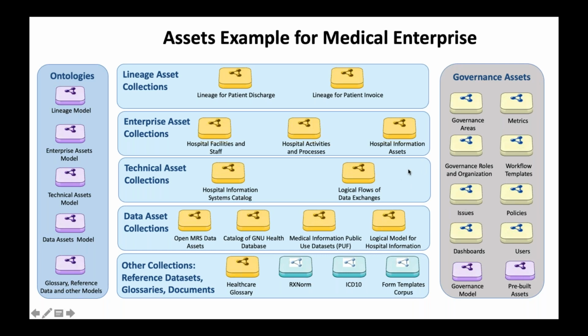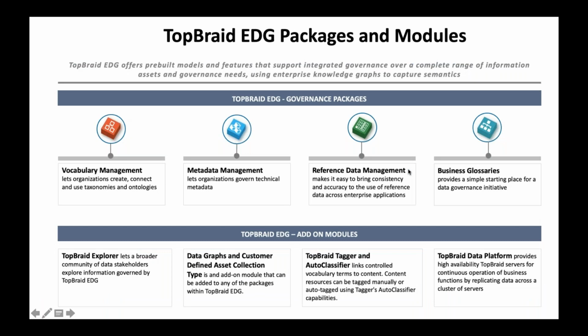And as I've already mentioned, the kind of asset collection types that you see and use are determined by the package and sometimes add-on module that you have purchased. And here are the key packages in TopBraid EDG. Each of those packages determines the type of asset collections that you have available.